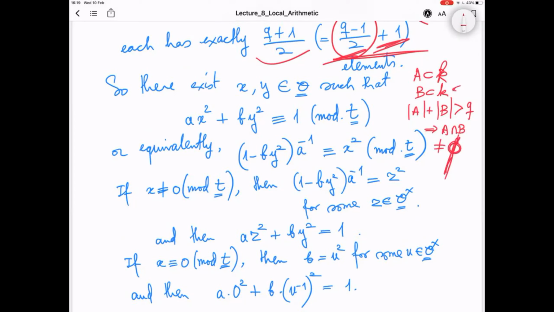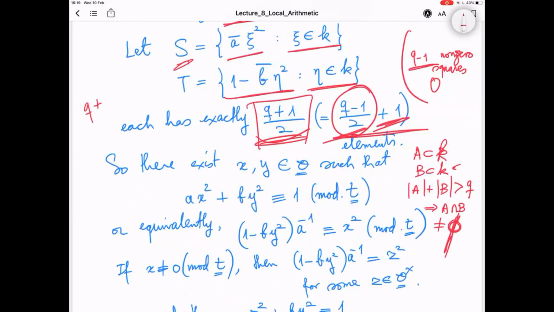So here are these two subsets. The number of elements in each one is (q plus 1) by 2. So the total number of elements in them is q plus 1.